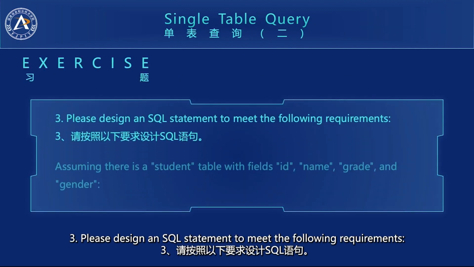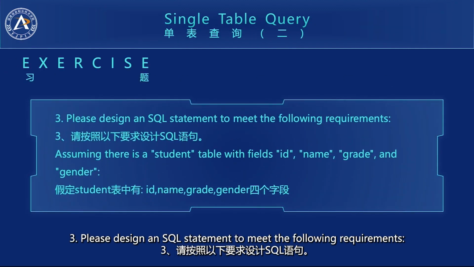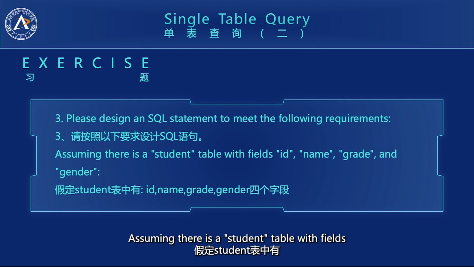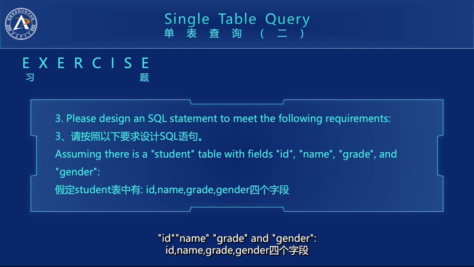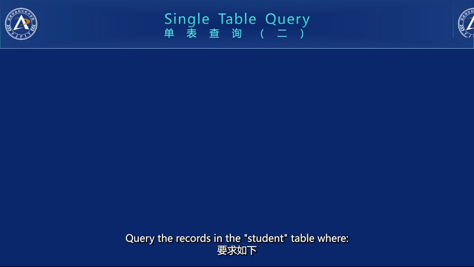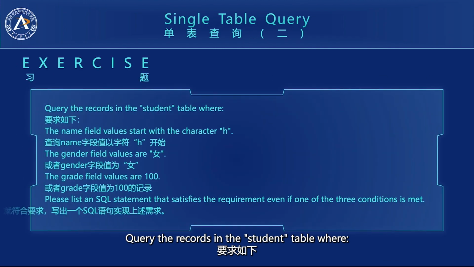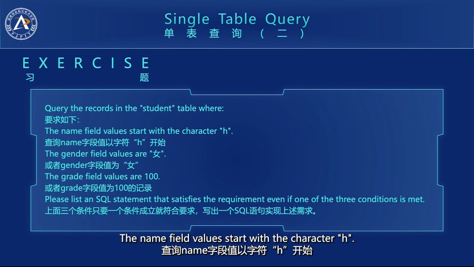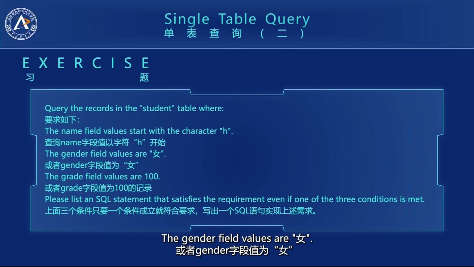3. Please design an SQL statement to meet the following requirements. Assuming there is a student table with fields ID, name, grade, and gender. Query the records in the student table where the name field values start with the character H. The gender field values are.